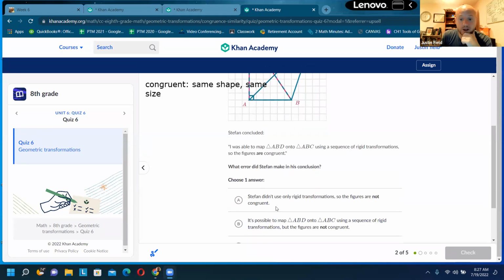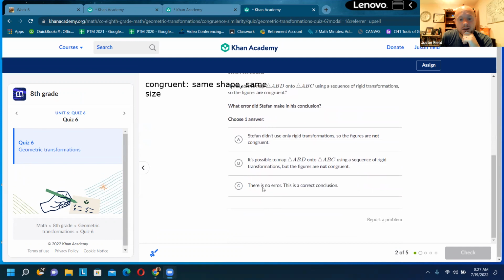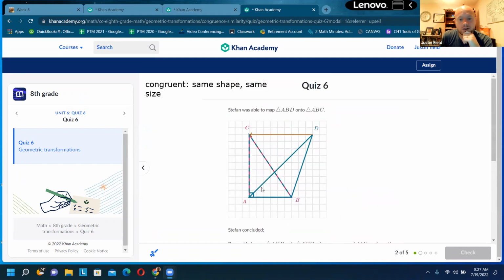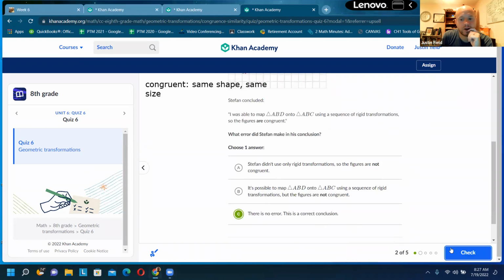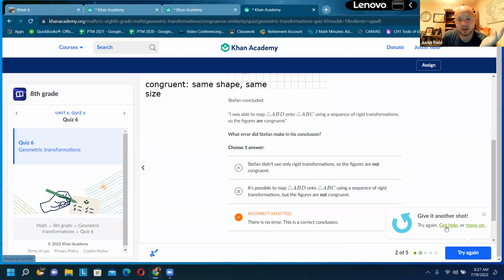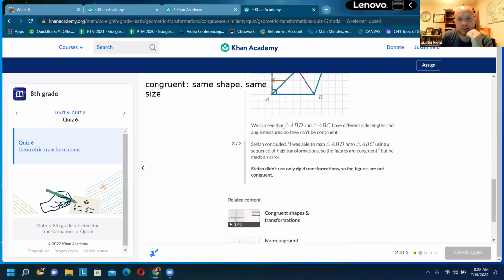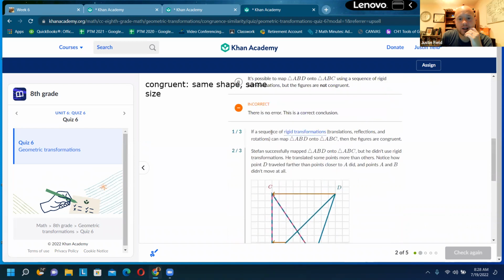So if he could do it, we just need to see. Looks like he reflected them. Okay, so no, there's no error if he says it. Maybe we made an error. Let's see the sequence.